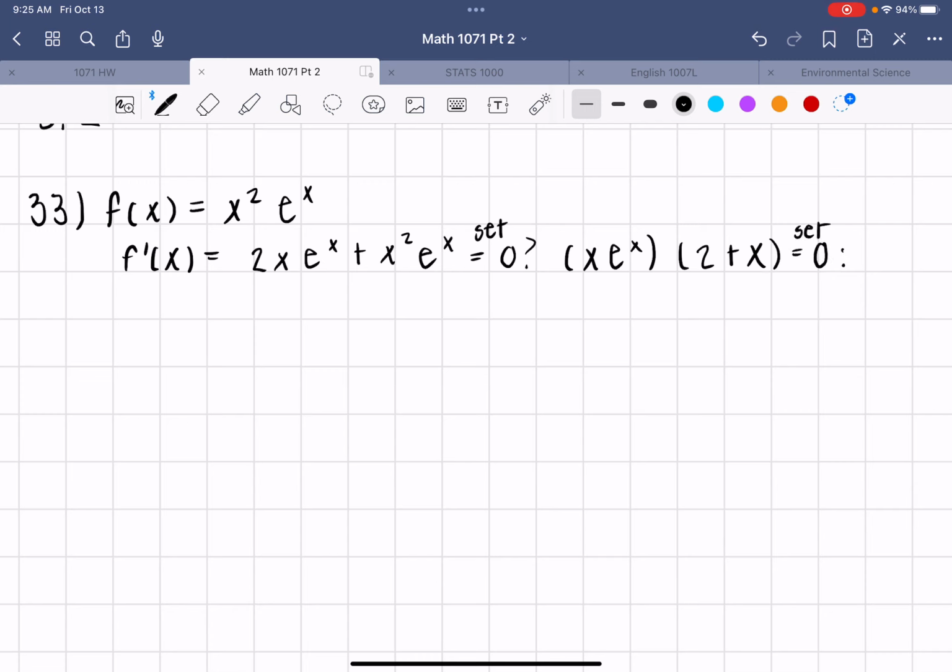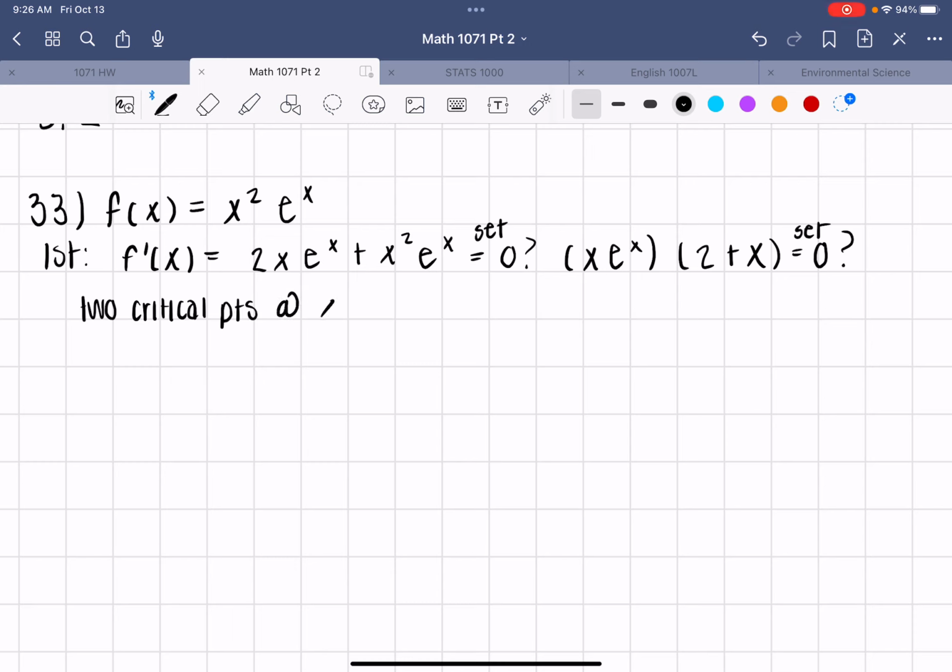Remember, I just said e to the x is never 0. The e to the x part doesn't give you any critical points. x could be 0 or x could be negative 2. So we have 2 critical points: x could be negative 2, x could be 0.